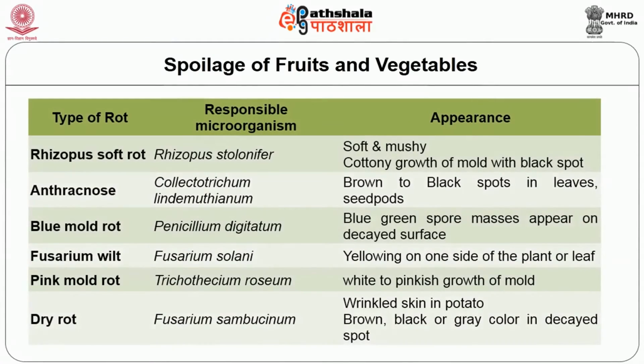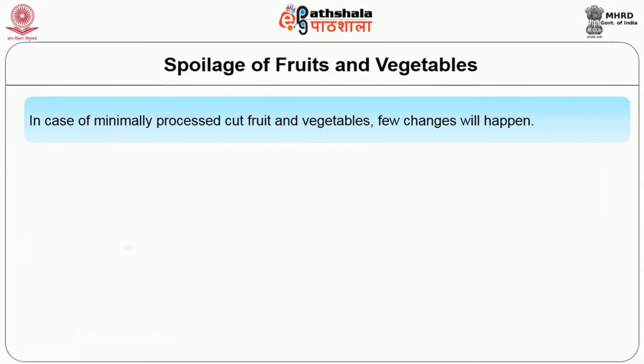From the given table, you can visualize few common types of spoilage in fruits and vegetables. In case of minimally processed cut fruit and vegetable, few changes will happen.